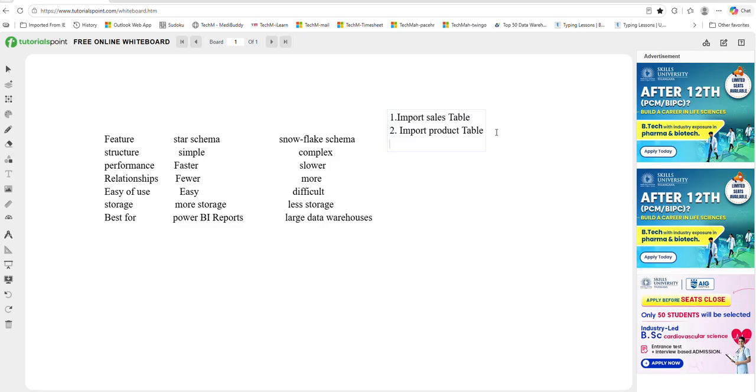Now another practical demonstration step: import the customer table. Now create relationships.